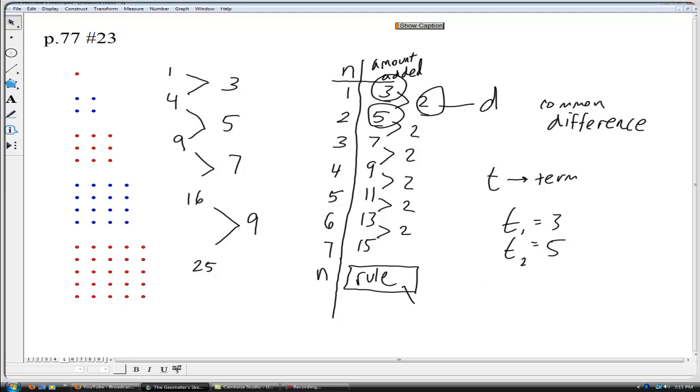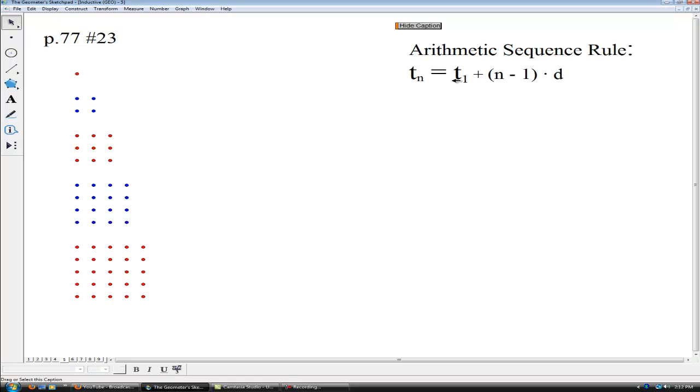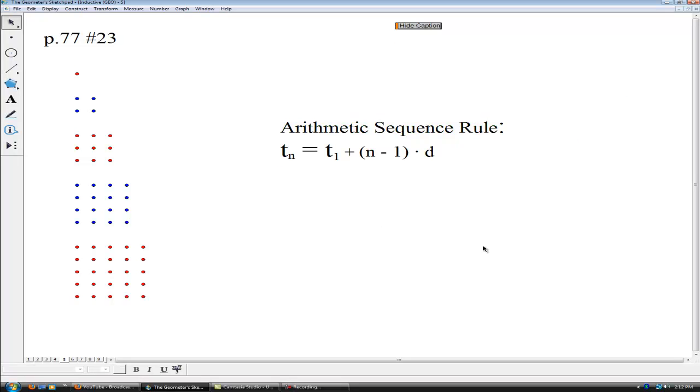So what we would get here would be T sub n. And I'm looking for a rule, that given any term number, I can find that term. What we're doing here is going ahead to pre-calculus to steal this formula. And here it is. Those of you interested in advanced math might want to write this down.